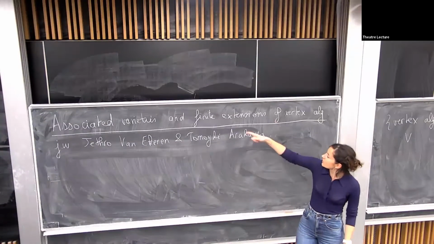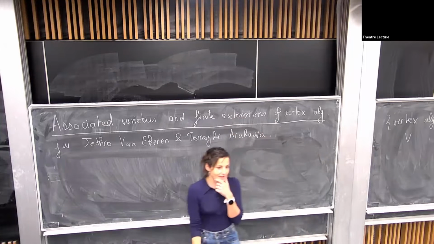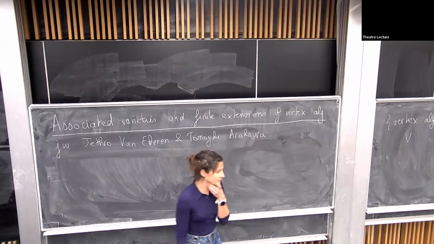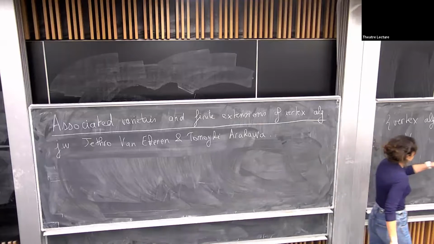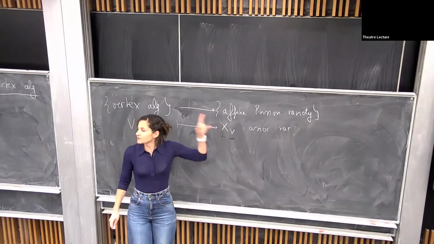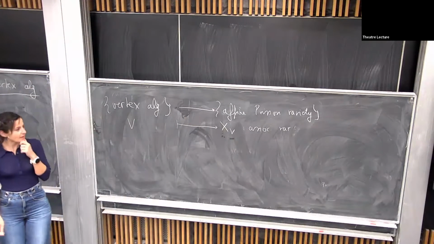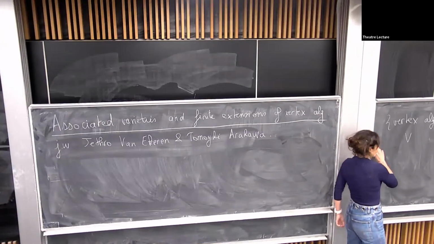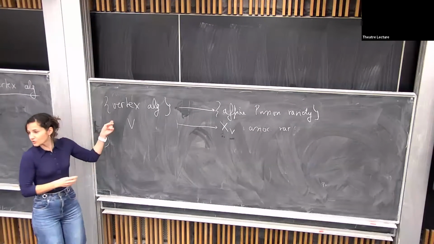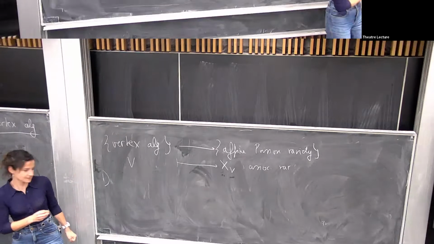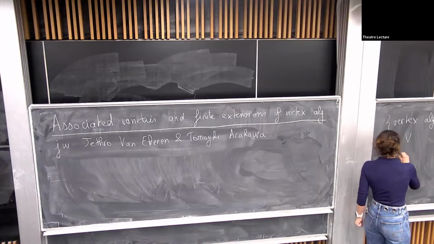Here I will be interested in finite extensions in particular. What is interesting is that sometimes you can compute it even if you don't know the vertex algebra so well. So the plan of the talk is the following. First, I will recall the precise definition of this variety and give some examples.